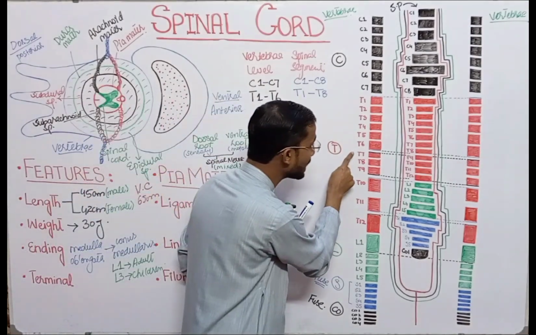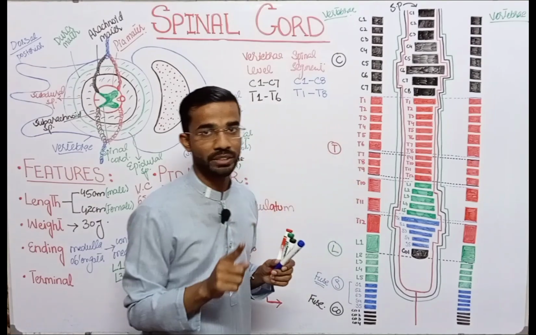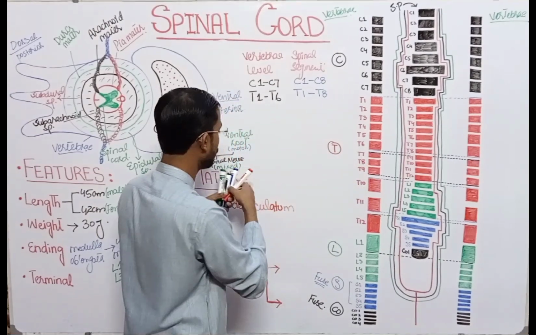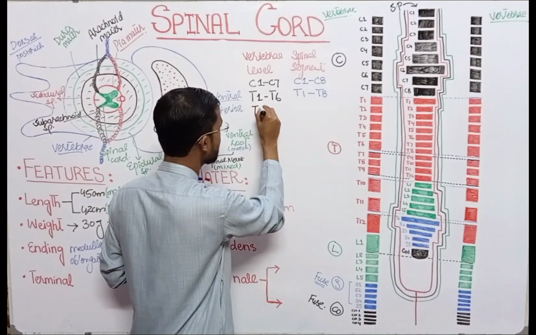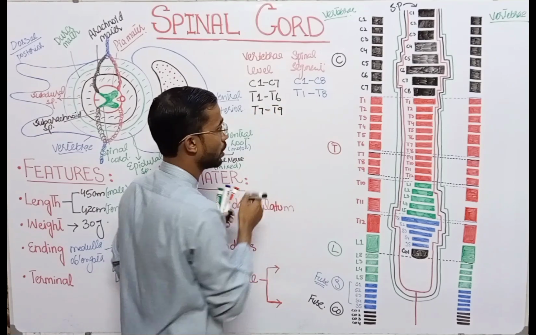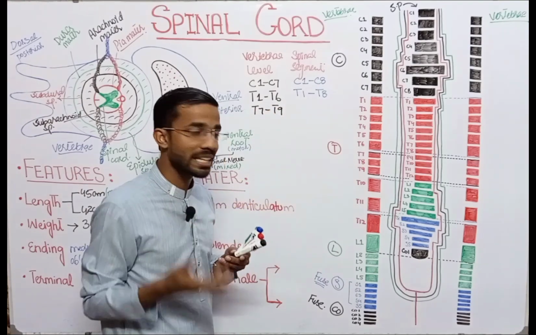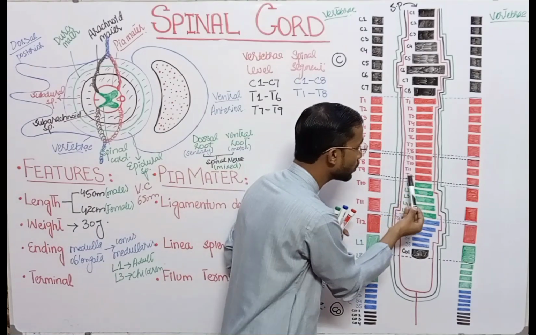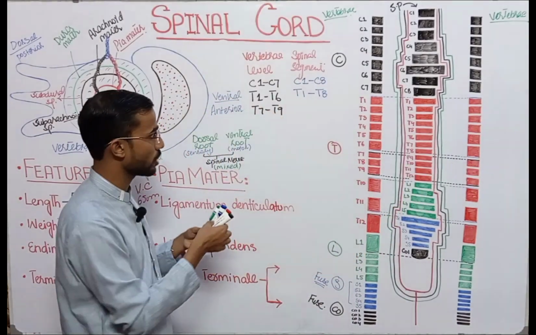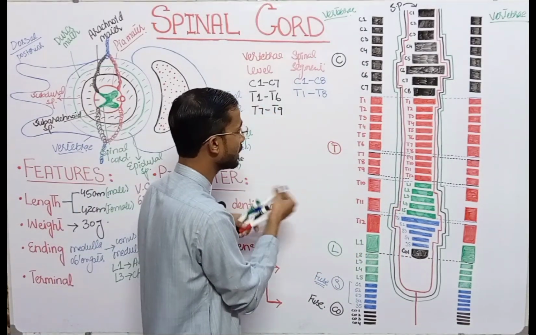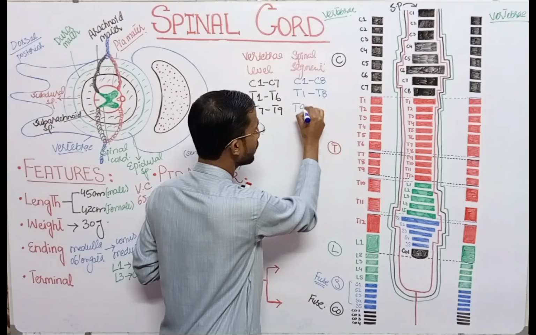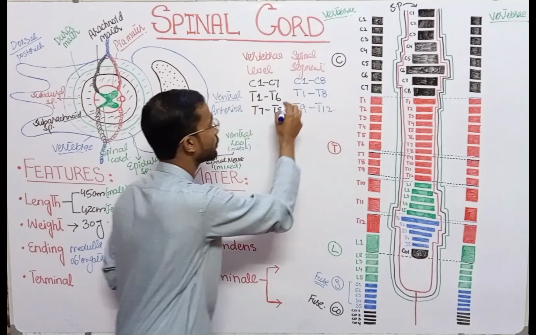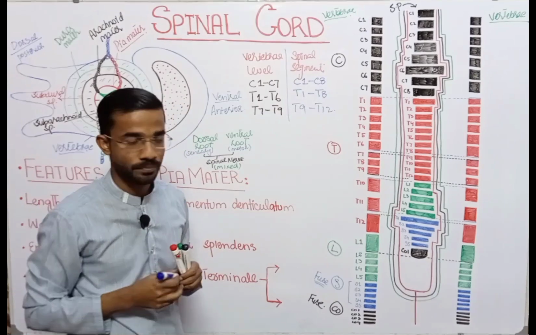Next, from the T7 to T9 of the vertebra, you will see what segments? T9 to T12 segments of the spinal cord.